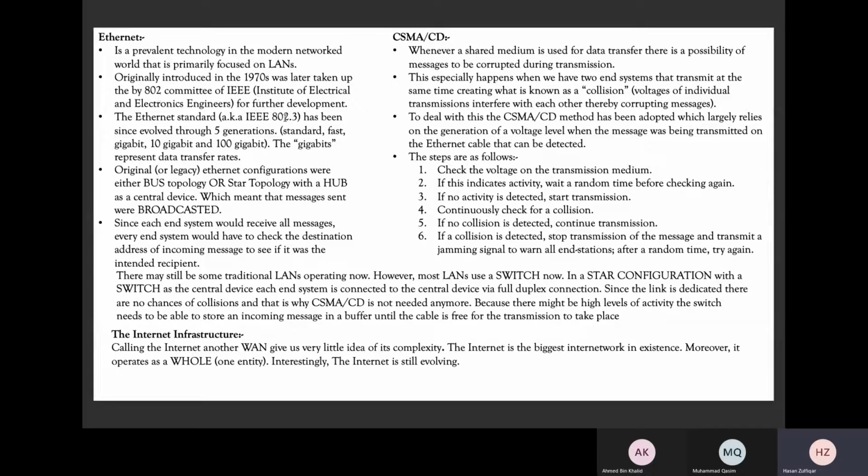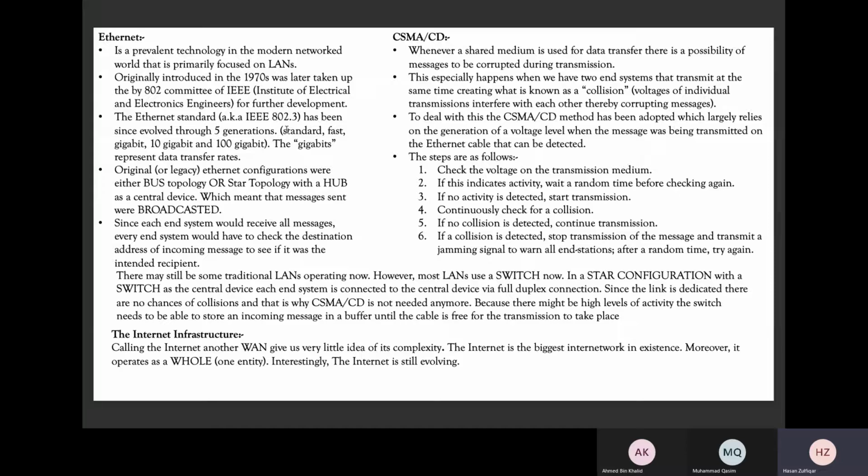So basically, 802 is the committee number of the Institute of Electrical and Electronics Engineers, and originally it started off with a very basic data transfer bitrate, but overall it has evolved into different generations.